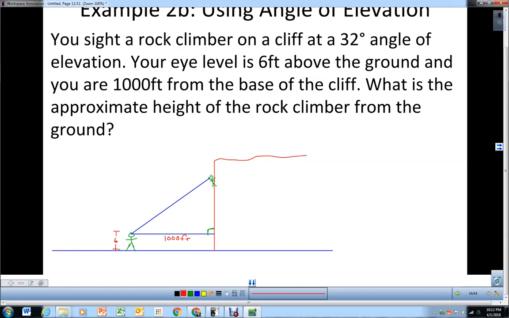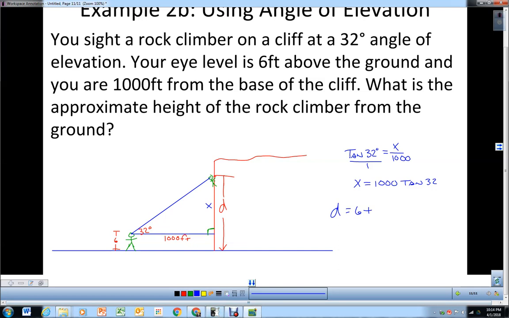And we know that it's about a 32-degree angle to this person. So we want to know, how high is this guy from here all the way down to here? Our distance D. So make sure you've drawn it correctly. Now use your trig functions to help find the distance D. So pause the video, work it out, and come back and see how you did.